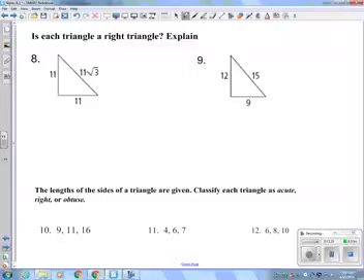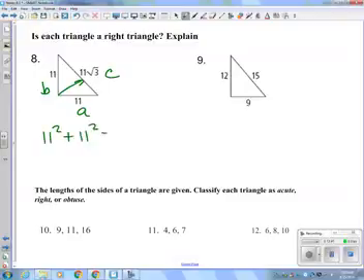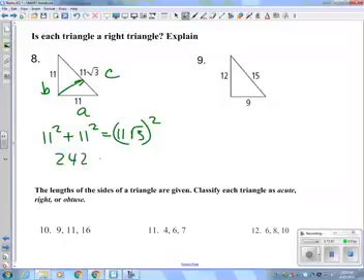So if this is A and this is B, and this has to be C because it's across from the right angle, then 11 squared plus 11 squared, does that equal 11 square roots of 3 quantity squared? And so you could just type this in your calculator and work both sides. For example, if I type 11 squared plus 11 squared in my calculator, I get 242.